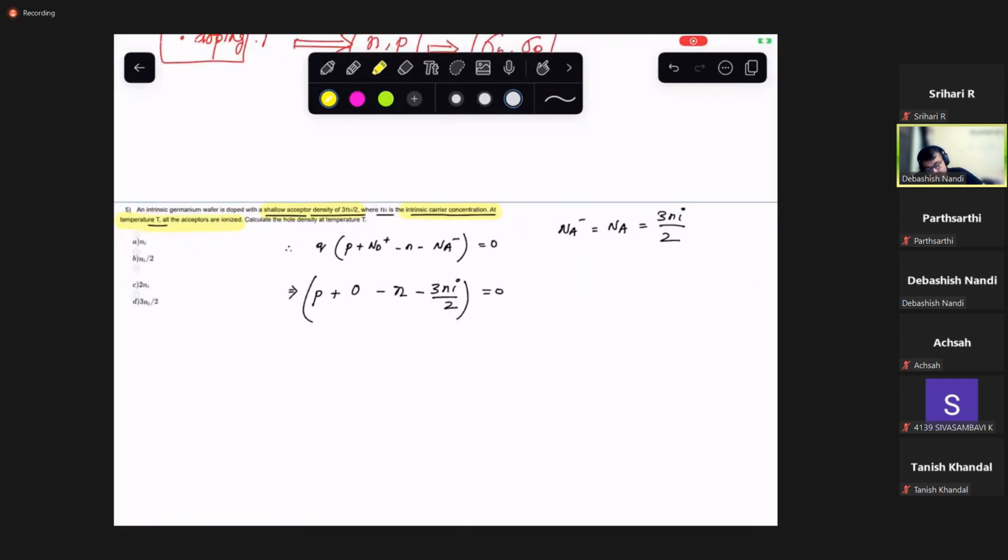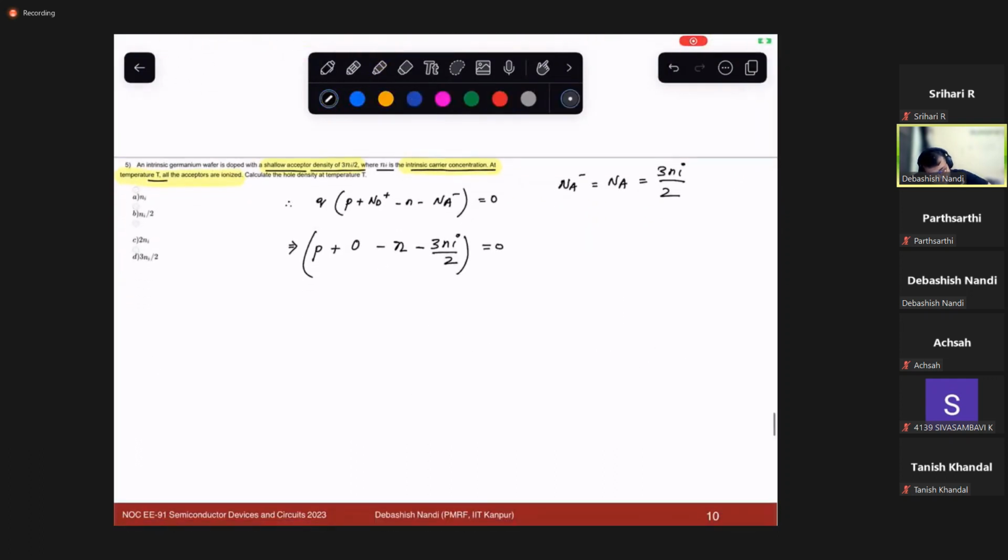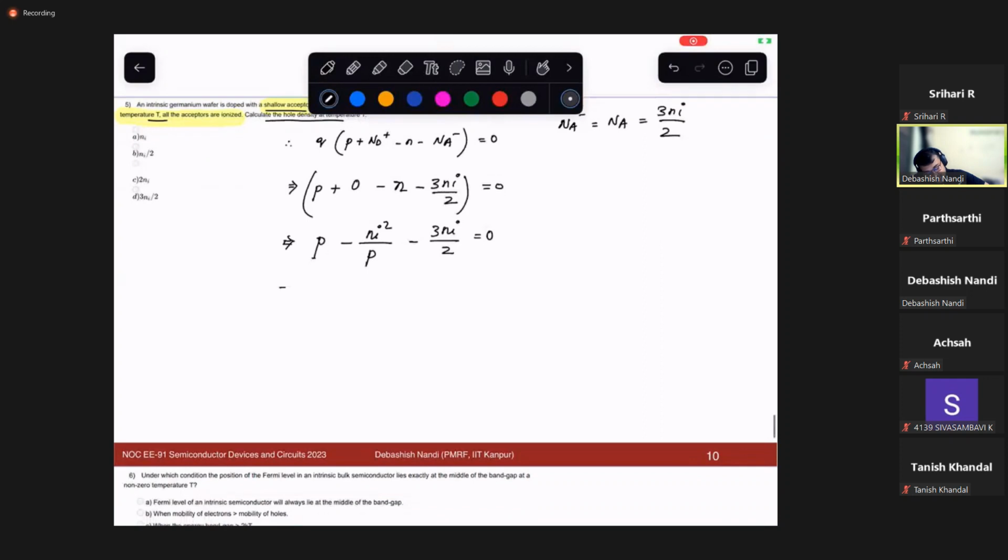Now we know the law of mass action, and we wanted to calculate the hole density at the temperature. So P minus Ni square by P minus 3Ni by 2 is equal to 0. Fine.